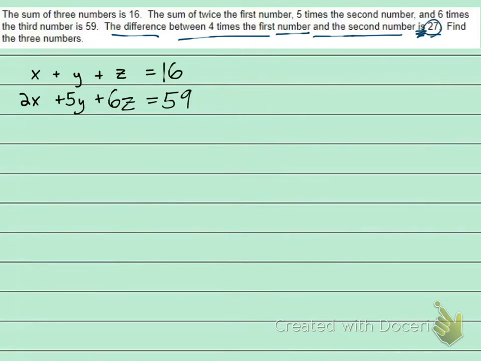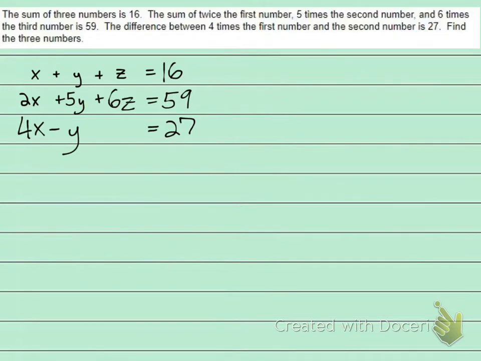So this is going to be the difference between 4 times the first number and the second number. Since they mentioned this one first, it goes in front. So the difference between 4 times the first number and the second number equals 27. All right, find the 3 numbers.